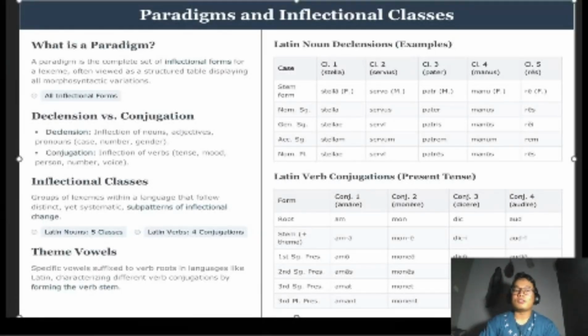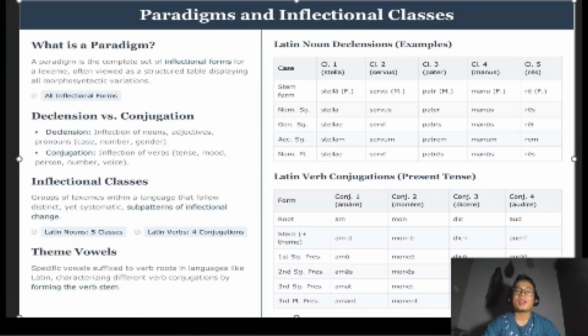Okay, so hello everyone. Back with me, Izzuddin Ali, and right now we are going to move to this section: paradigms and inflectional classes. A paradigm is basically the complete set of inflected forms that belong to a single lexeme.